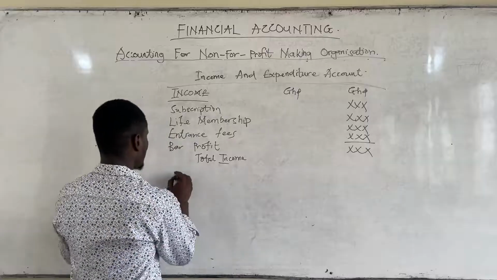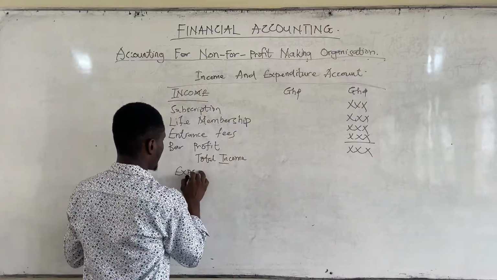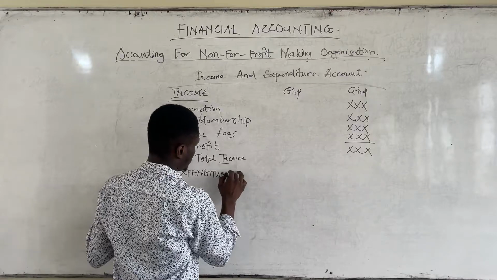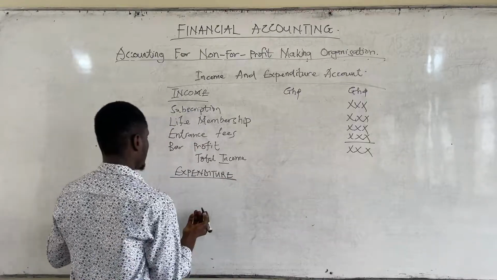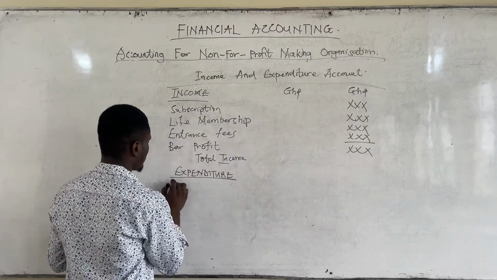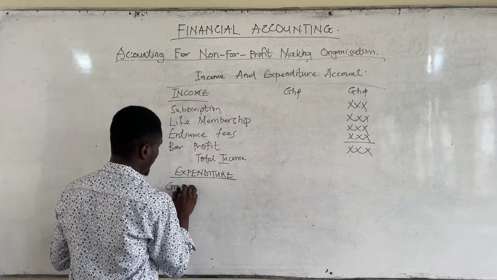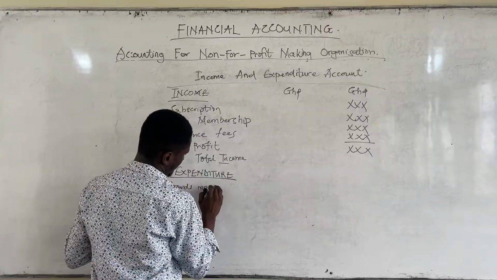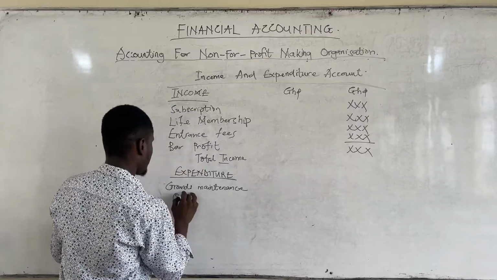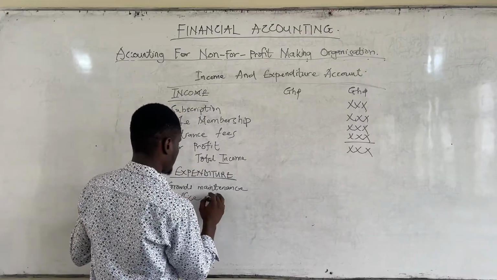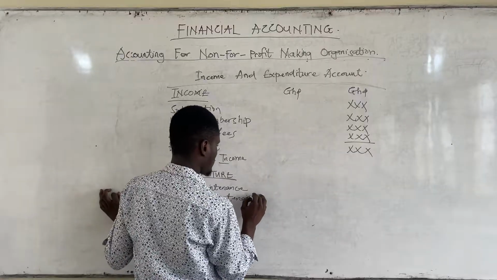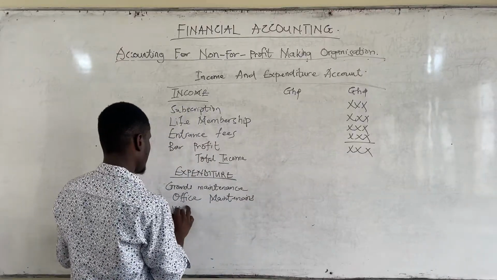Good. Then you less your expenditure. Okay. So some of the expenditures you can see are grounds maintenance, office maintenance, wages and salaries.